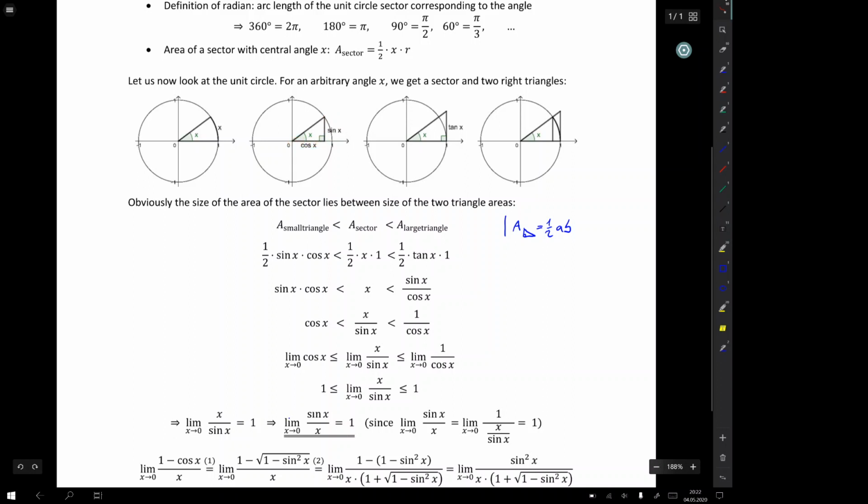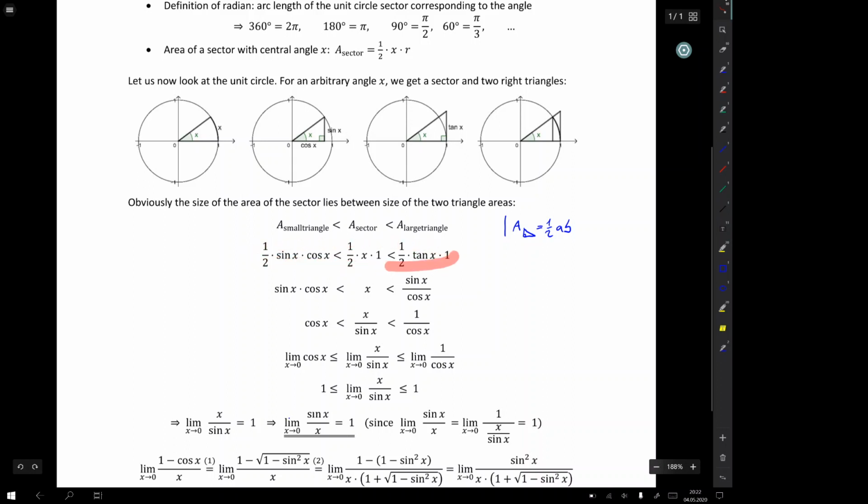So the area of this triangle is just 1/2 times the sine of x times the cosine of x. The area of the sector, as we said before, is 1/2 times x times the radius, so times 1. And the area of the large triangle is this length, 1 times the tangent of x. And so we get to this inequality.